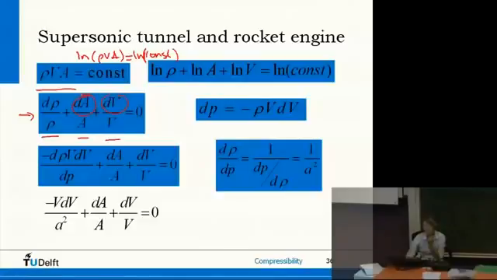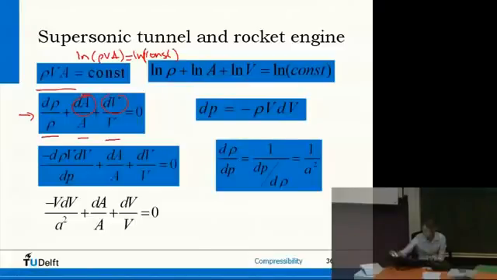A nice candidate might be the speed of sound, right? The speed of sound squared was dp over d rho. So if we can eliminate this d rho for the speed of sound, maybe we can get a relation relating areas to speeds and speeds of sound, so Mach numbers. So let's see. The first thing we do is use the Euler equation.